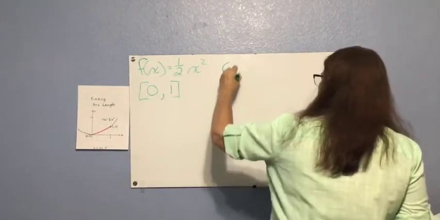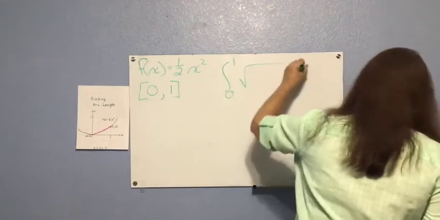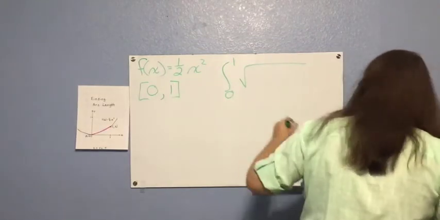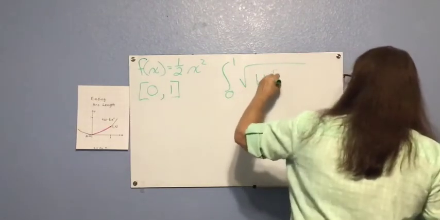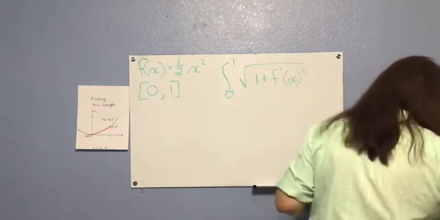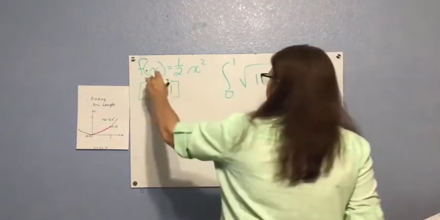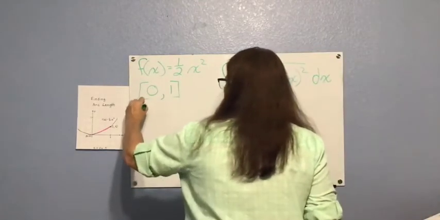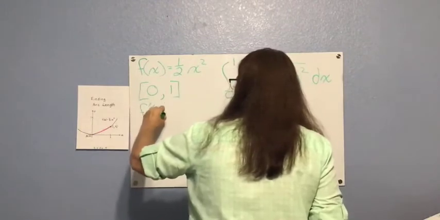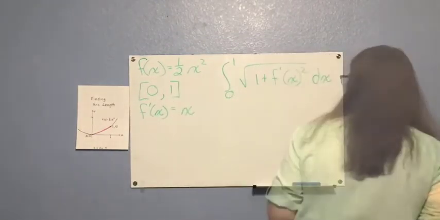We're going from 0 to 1. The square root of 1 plus f prime of x squared dx. Okay, and if f of x is 1/2 x squared, f prime of x is going to be just x.